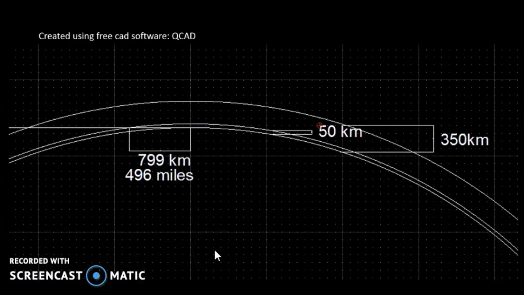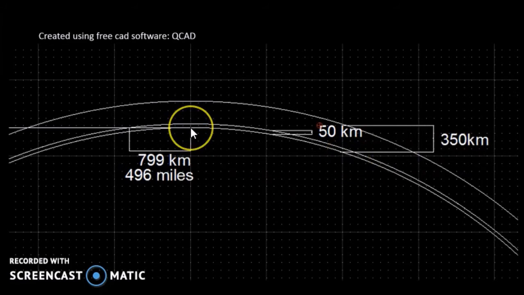Here I have zoomed in to the CAD model. Basically, this outer arc represents the limits of the outer atmosphere. The inner arc represents the surface of the Earth, and this arc here represents the stratosphere. So the stratosphere is 50 kilometers above the Earth, and the limits to the outer atmosphere is 350 kilometers above the Earth.